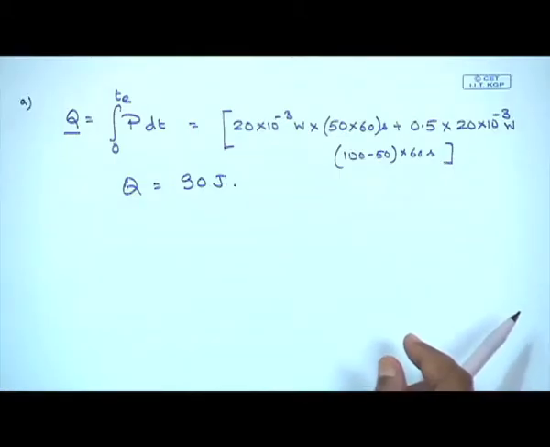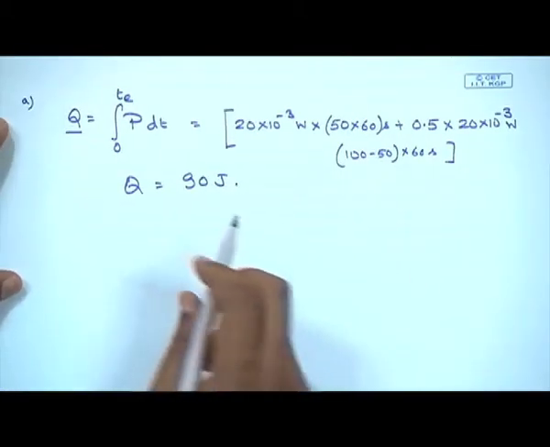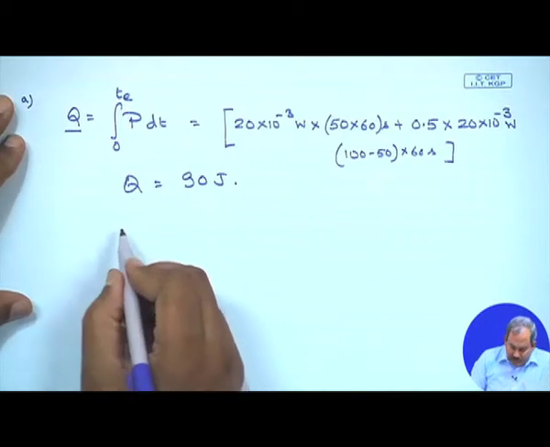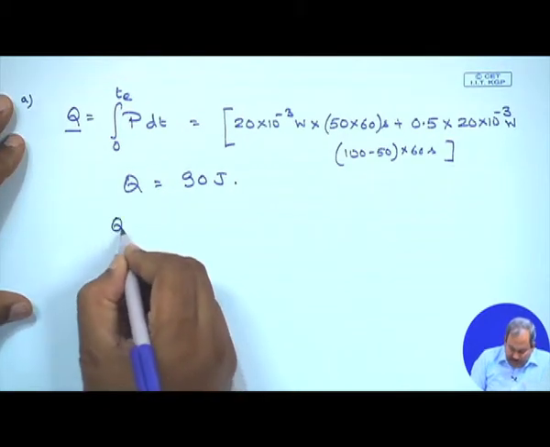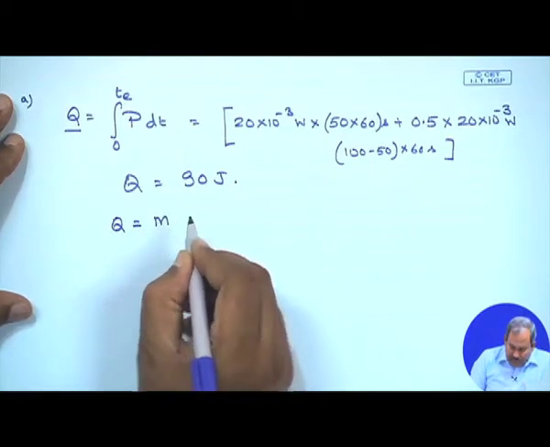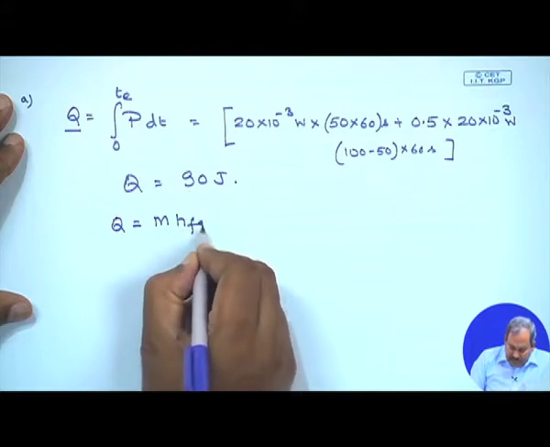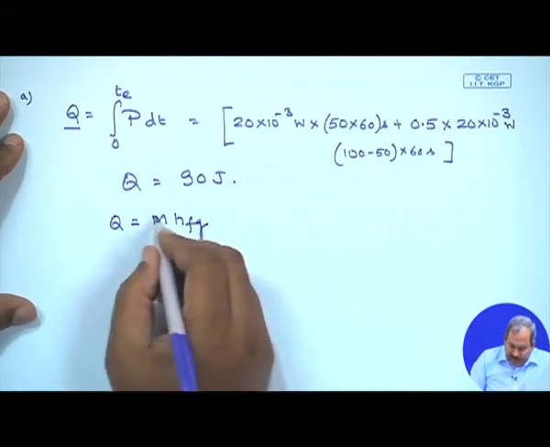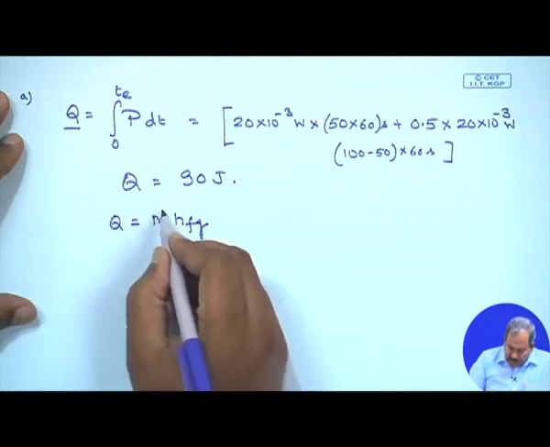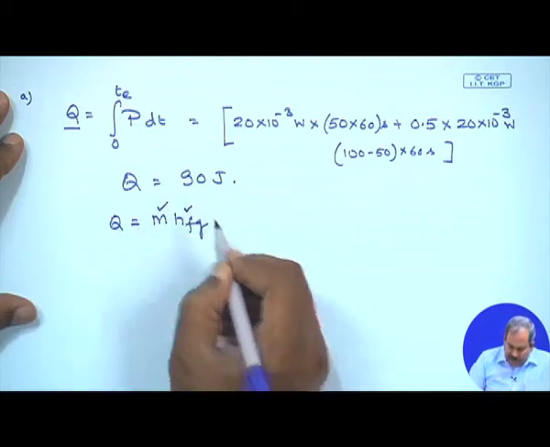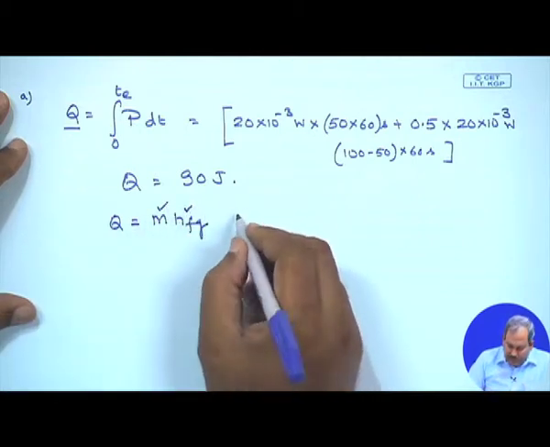With that understanding, we can simply write from an overall energy balance that this Q must be equal to M times hfg, where M is the mass of the droplet and hfg is the latent heat of vaporization.